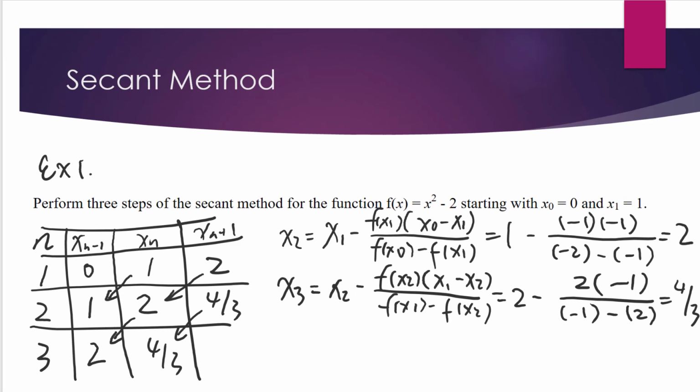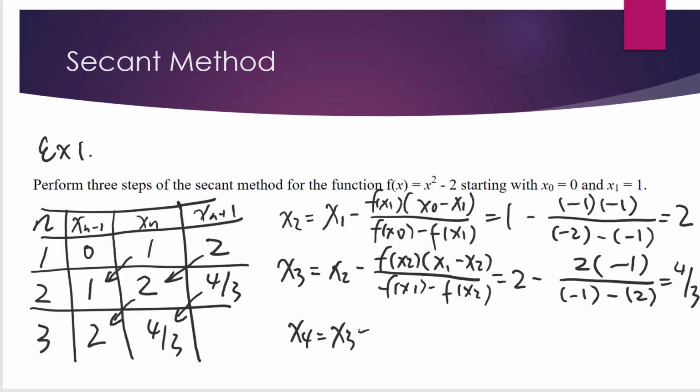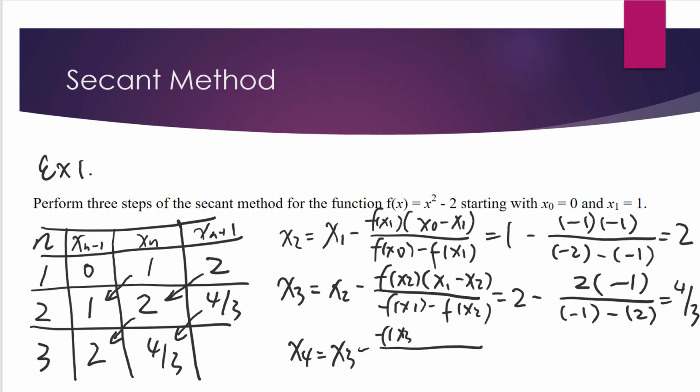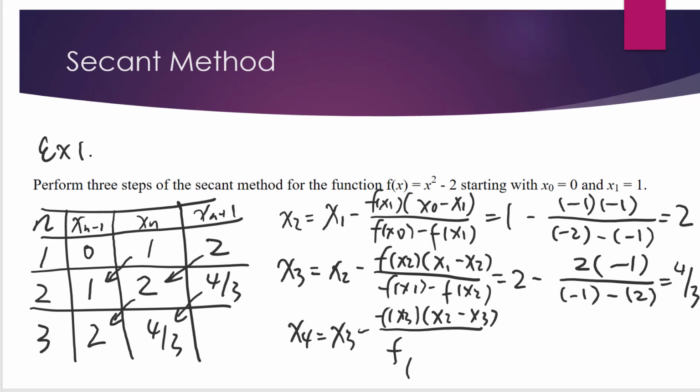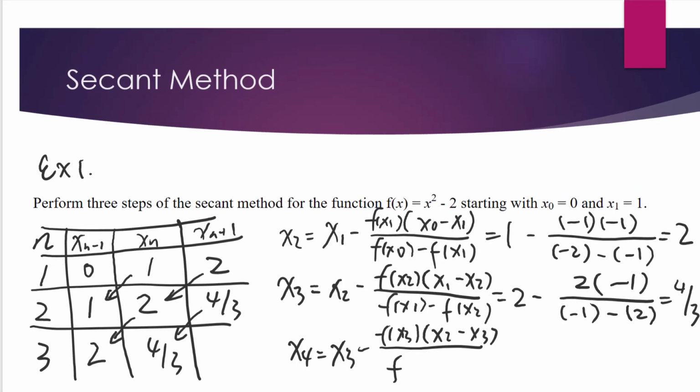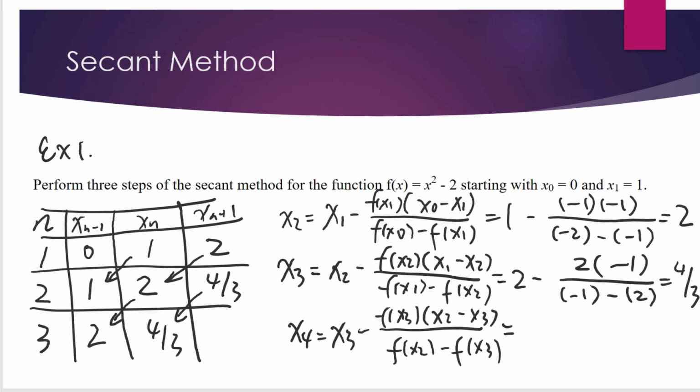So x4 is equal to x3 minus f(x3) times (x2 minus x3) over f(x2) minus f(x3).